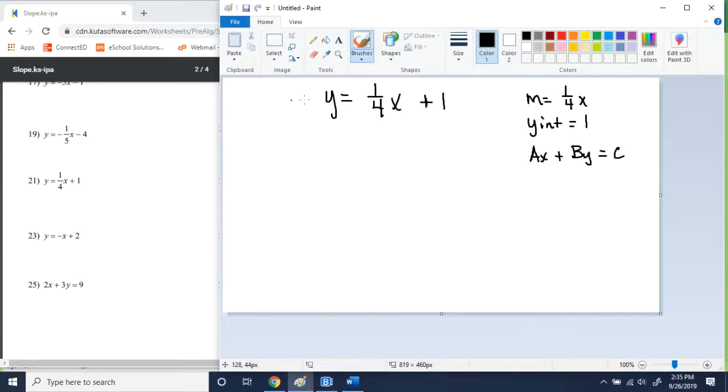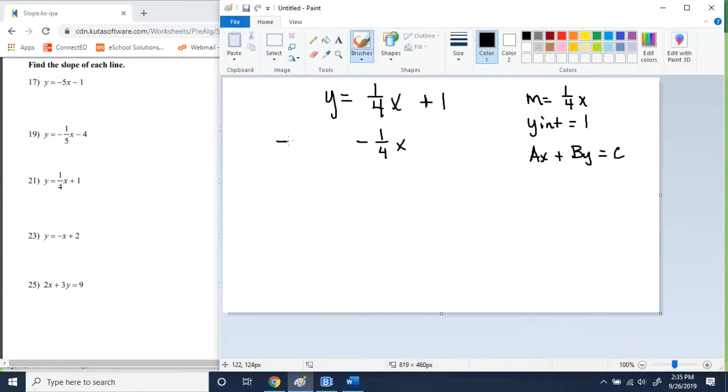So we're going to shift some variables around by doing the opposite operation. I'm going to move this 1/4 x to the other side. Working left to right, -1/4 x. Bringing down this positive y, haven't changed it. The equal sign and the 1.